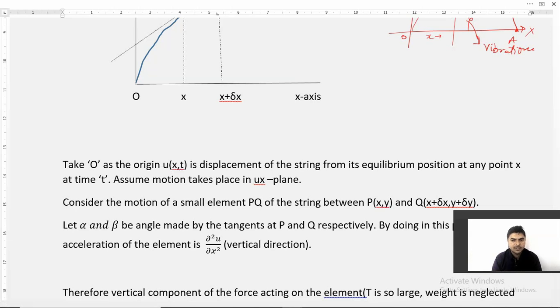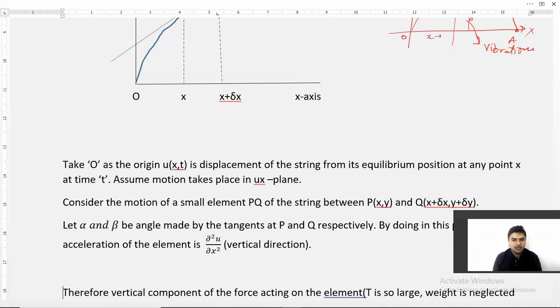I have written u as the displacement of a string from its equilibrium position at point x at a time t. Assume motion takes place in the u-x plane. So we just take this diagram. In the diagram it's clearly mentioned it is the u-x plane. Now we start deriving it one by one.